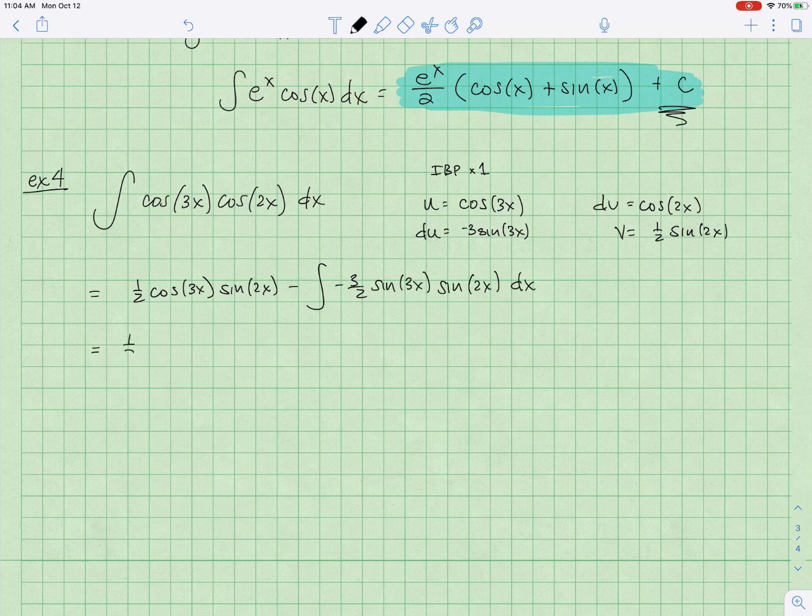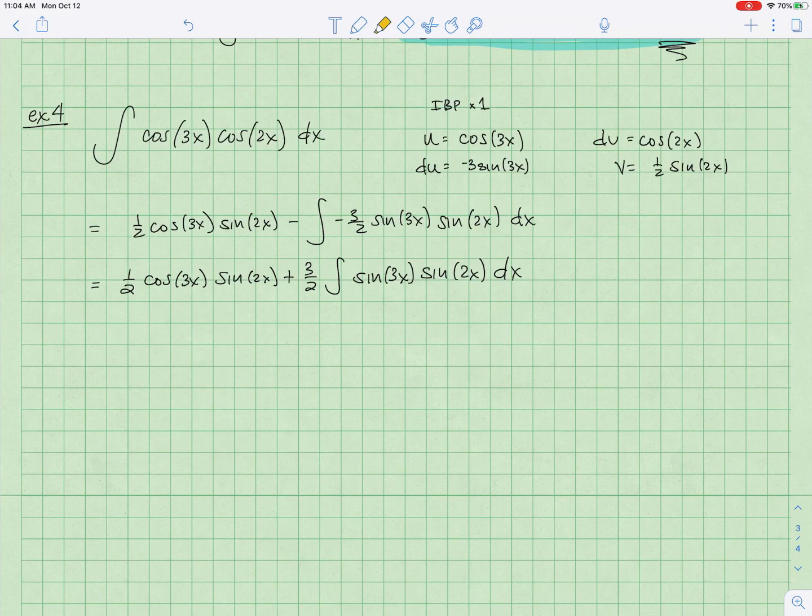And if we clean that up just a little bit, we get 1/2 cosine 3x sine 2x plus 3/2 the integral sine 3x sine 2x dx.